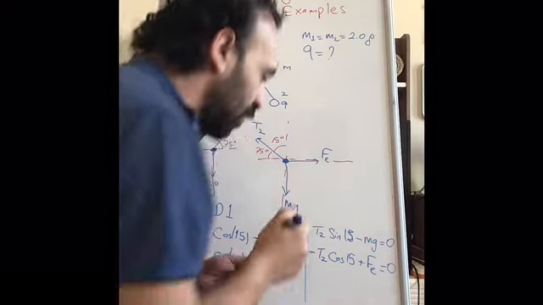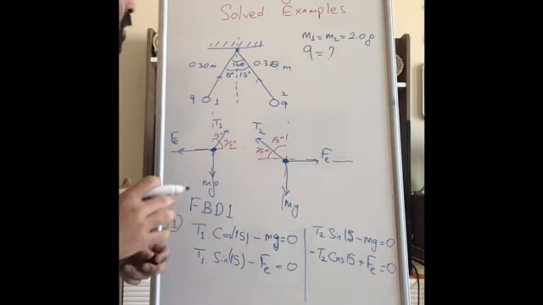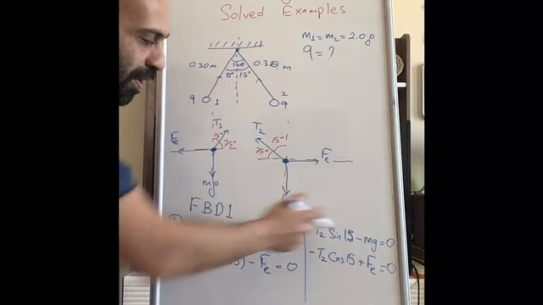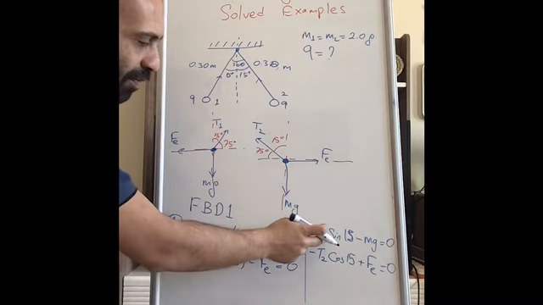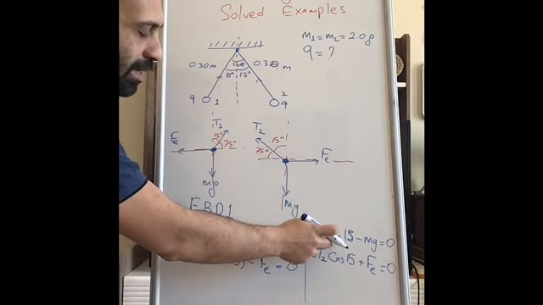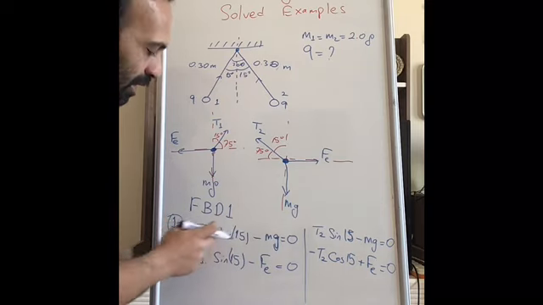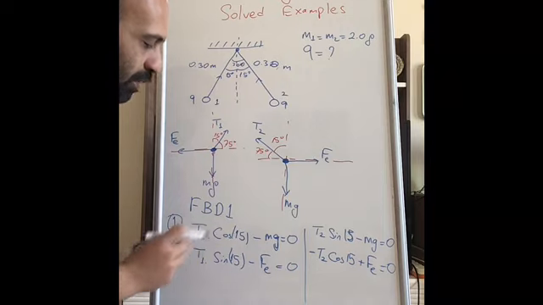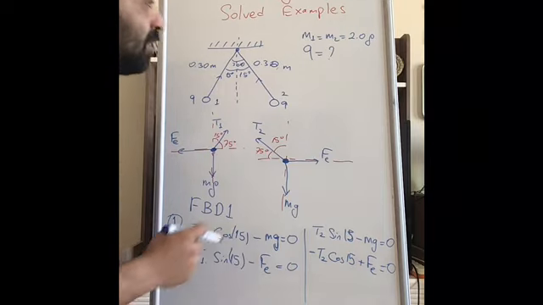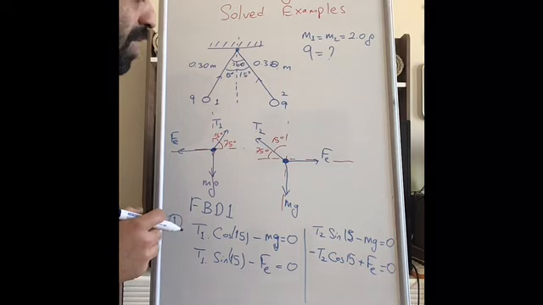And just before cleaning up this board to make some space, let's compare these two equations. The first equation here is identical to the first equation from the first free body diagram. The only difference is T1 and T2, but the mg's are the same because the spheres have the same masses.